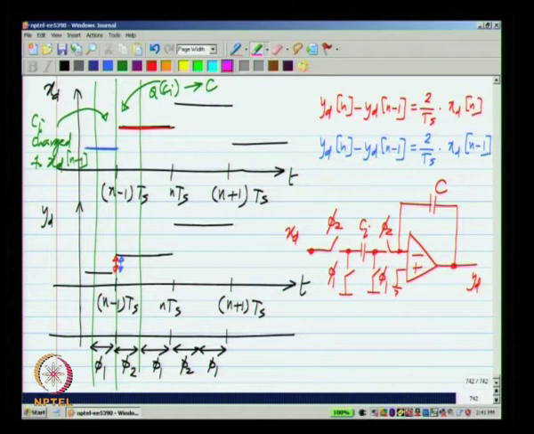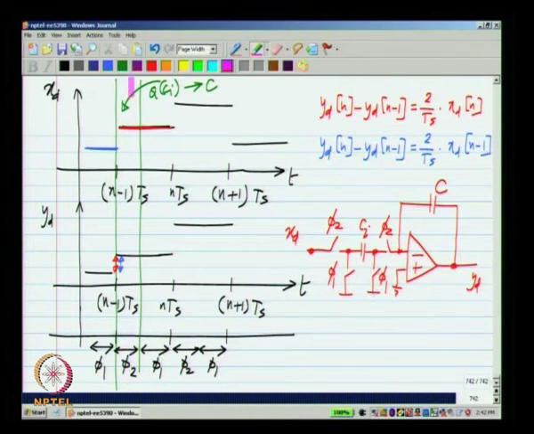So, what happens in this case, the phases being used are slightly different. During this phi 1, just before the transition, the capacitor Ci is discharged, because of these two switches which connect it to ground.